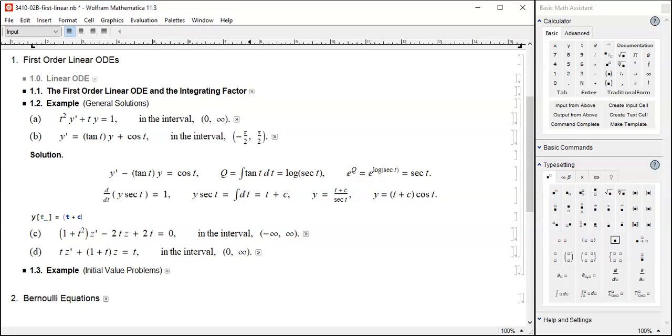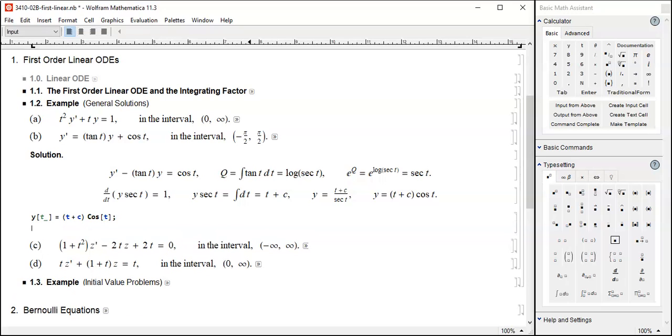So t plus c cosine of t, and then let's simplify this. Y prime of t, and subtract the right hand side. Tangent of t times y of t minus cosine of t, and simplify.